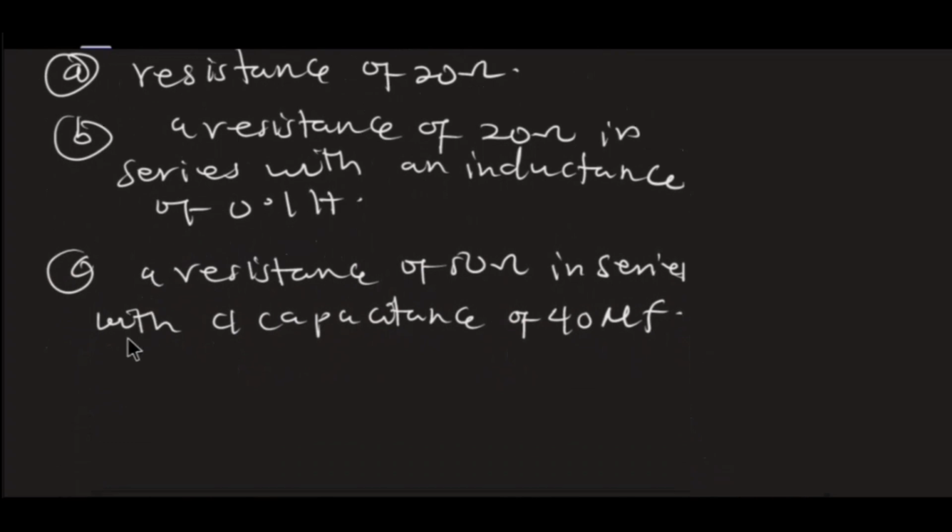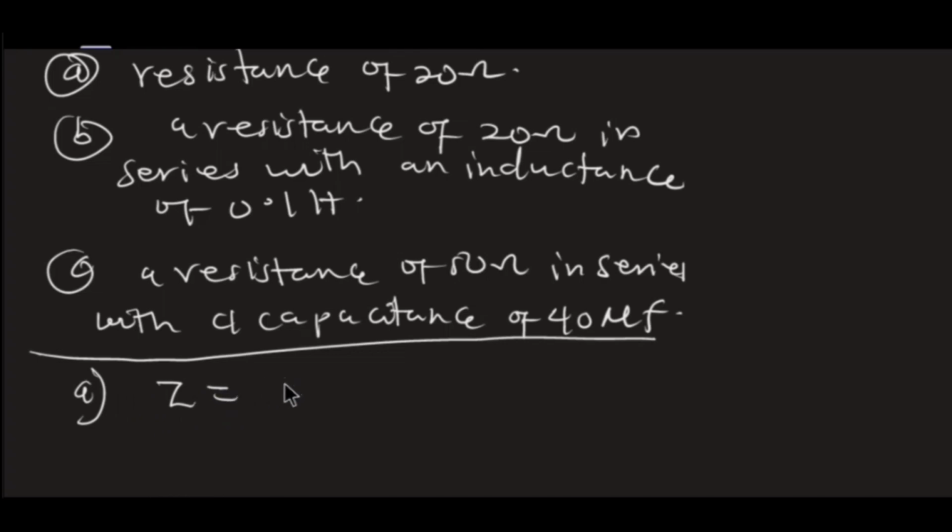So let's take the first part, A. The A part is simply a resistance of 20 ohm. And you know resistance is taking the real part. So the impedance Z is simply 20 plus j0, because the imaginary part is 0 since it's a purely real number, all in ohms.